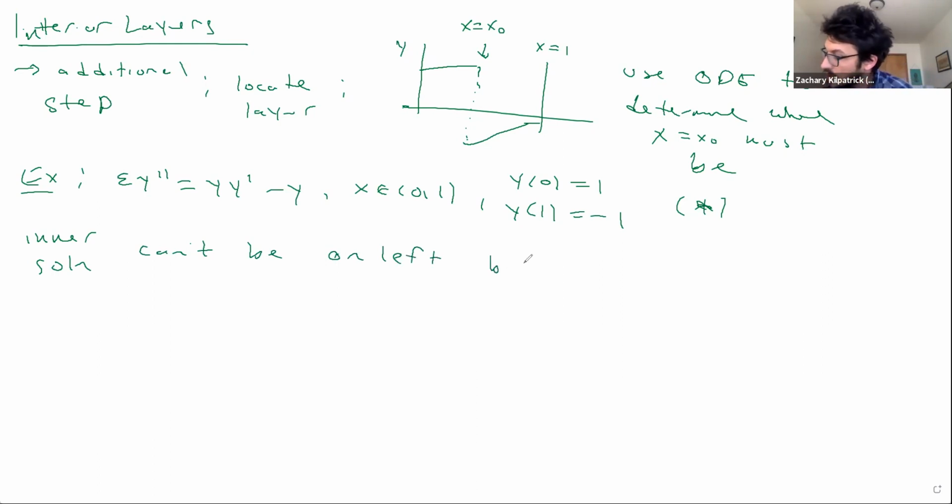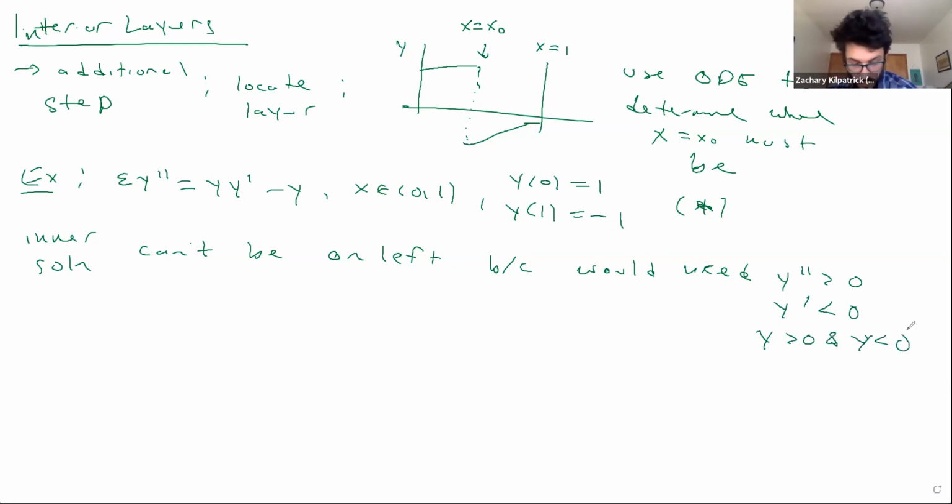Because we would need y prime prime greater than 0, y prime less than 0, y greater than 0, and y less than 0.